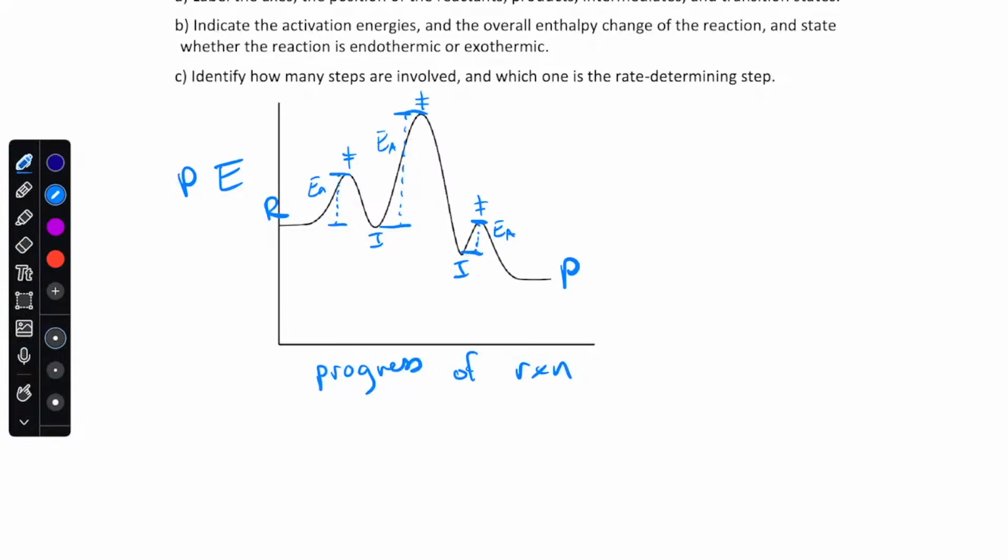C: The overall enthalpy change. I'm going to use a different color here. The difference in energy between the reactants and products is your overall delta H. And state whether it's endothermic or exothermic. Products are lower in energy than the reactants, so energy has been released from the system. It's gone down in energy. This one is exothermic.